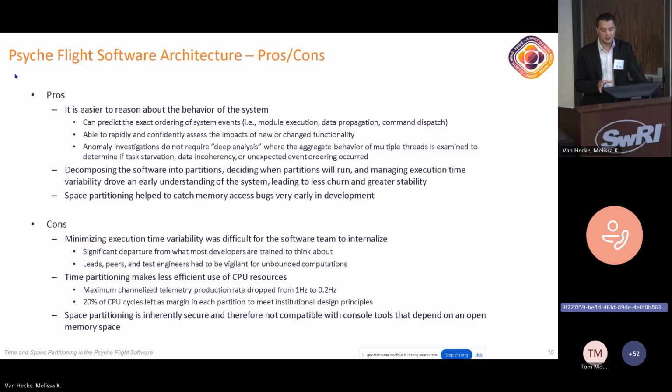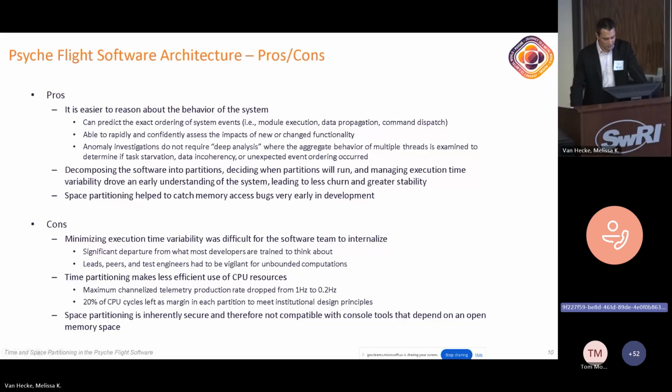The way that this slight decrease in efficiency really manifested is in the legacy system, we could generate a telemetry packet once every second. And in this system, we had to drop that down to generating a telemetry packet once every 5 seconds. That was something that the project was able to deal with. It's not that big of an issue, but it was a decrease in capability.